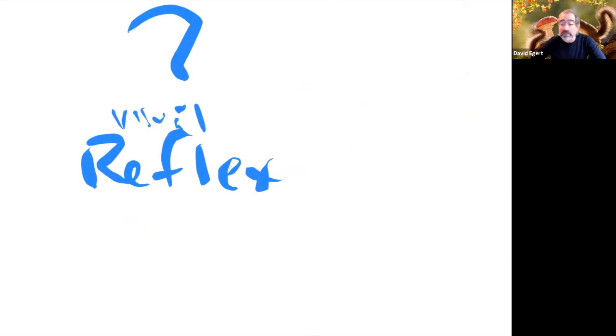So what are some possibilities for a visual reflex in this case? And this is the part where you kind of brainstorm, right? You have to just think, what about this? Does that work?